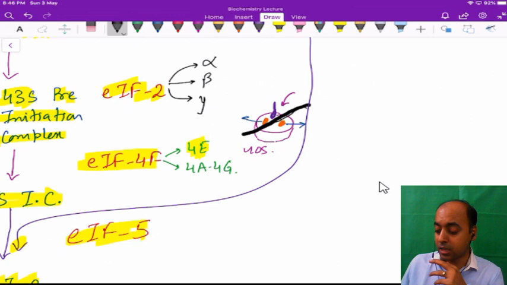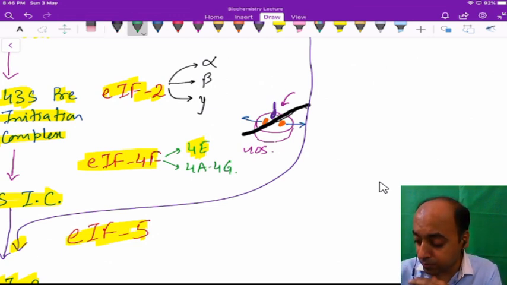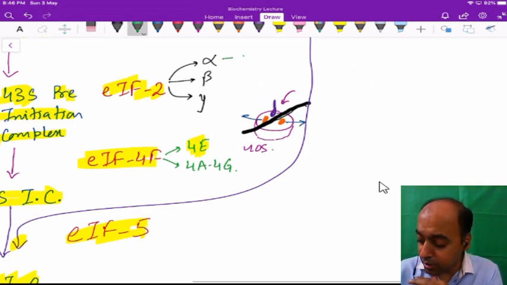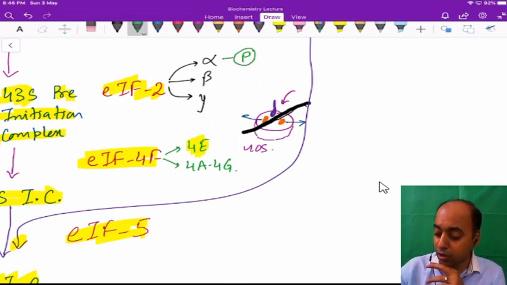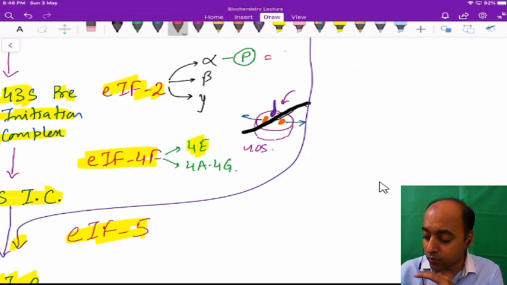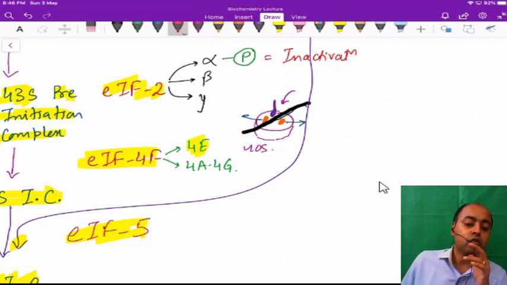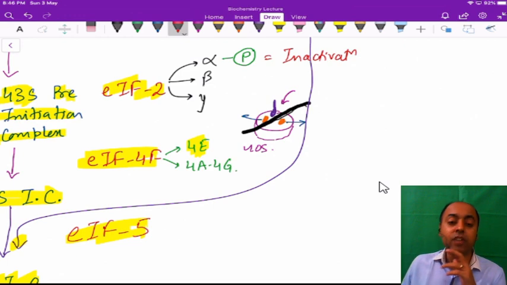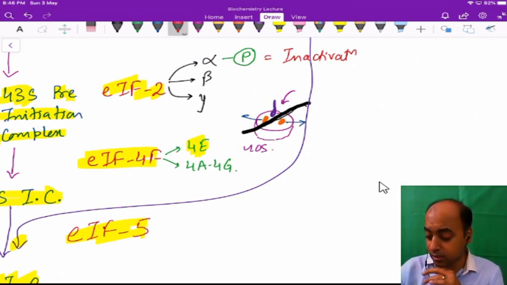The alpha subunit, under suitable conditions, can undergo phosphorylation, which results in inactivation. So phosphorylation of initiation factor 2 results in inactivation.